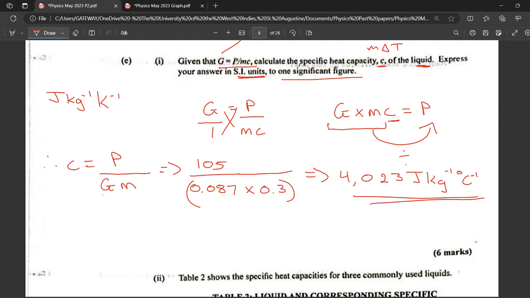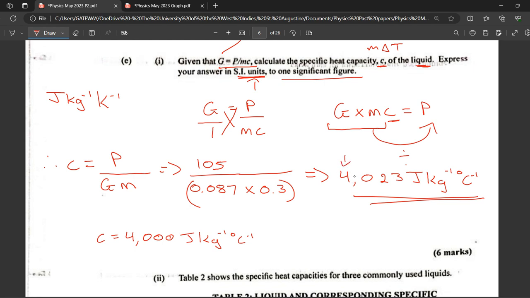But if you put this answer, you might just get 5 marks out of the 6, because they say, yes, we did the SI unit correct, but we didn't write it to one significant figure. Writing this to one significant figure would be 4,000 joules per kilogram per degrees Celsius.